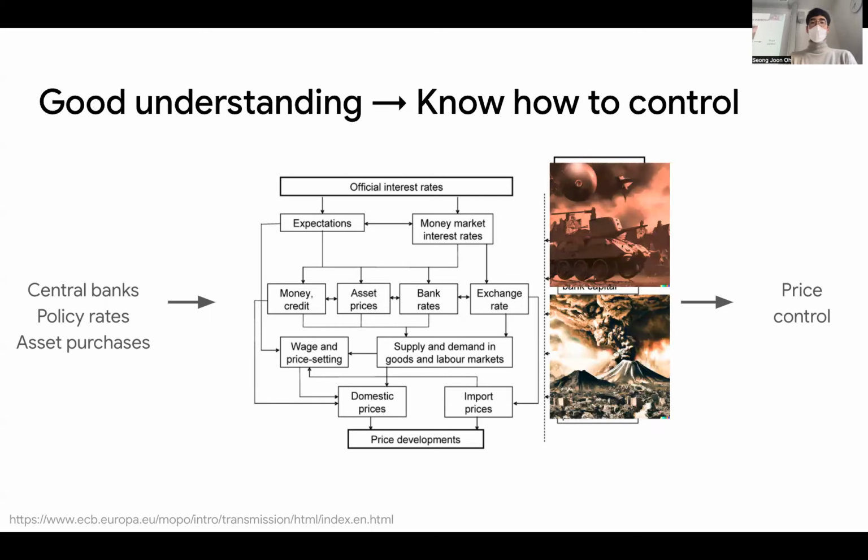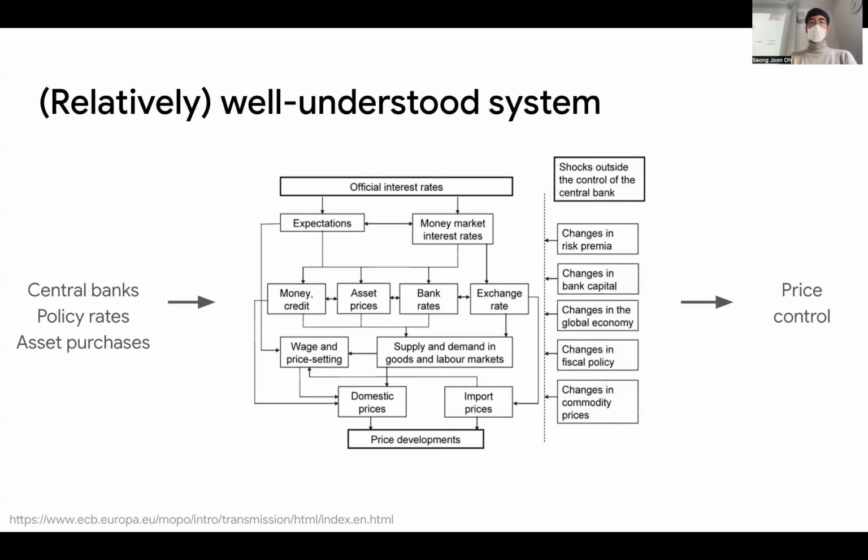For example, this is a kind of diagram that economists understand. What's going to happen if you increase or decrease the policy rates, interest rates? This is the decision by central banks. They can change the policy rates or purchase or sell assets, right?